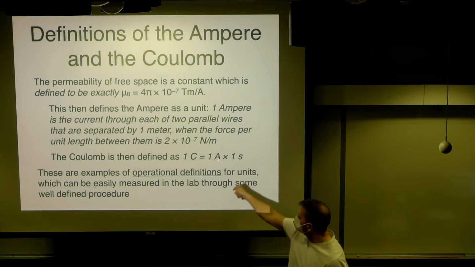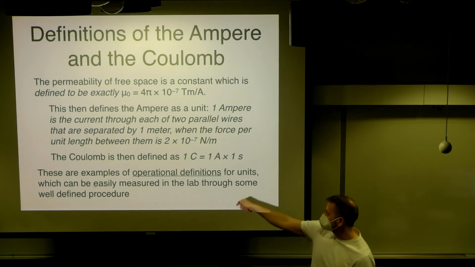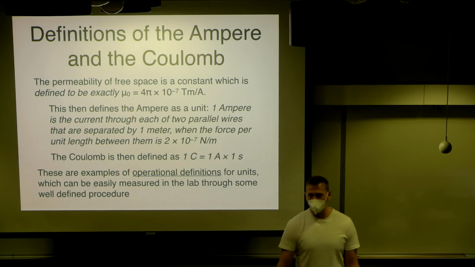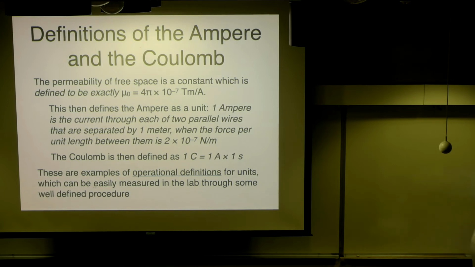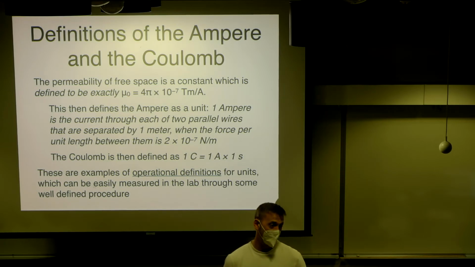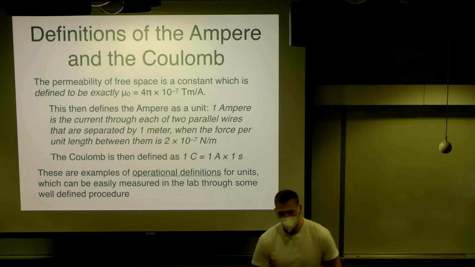So if we know what an ampere is and we know what a second is, we automatically get the coulomb for free. These are examples of operational definitions for our units. Whenever we have a certain unit that we use to measure a quantity, you want a way that you can easily reproduce that measurement in the laboratory, and this allows you to do that. So anyway, that's the side note.